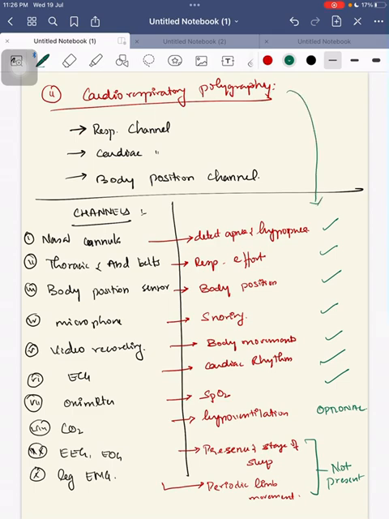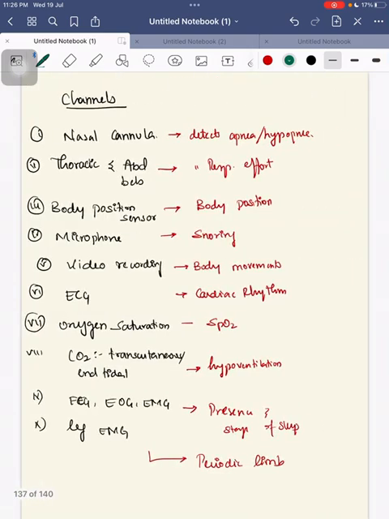Okay, this is in cardiorespiratory polygraphy. In polysomnography, that is complete polysomnography, you will be having all the things here, including EEG, EOG and leg EMG, which are absent in this cardiorespiratory sleep study. This is the difference between cardiorespiratory polygraphy and complete polysomnography.